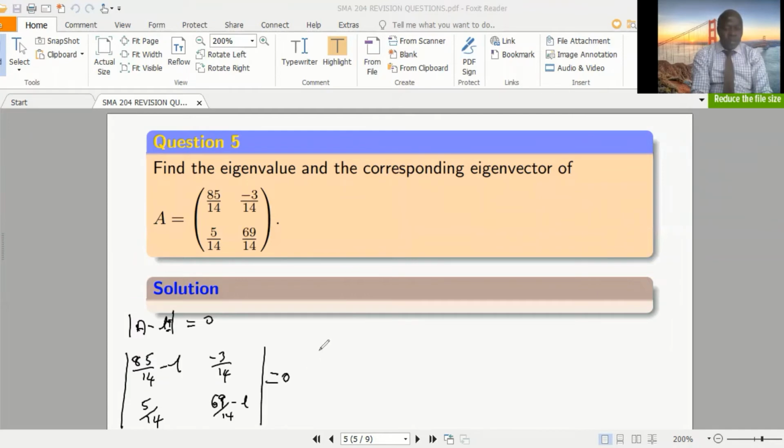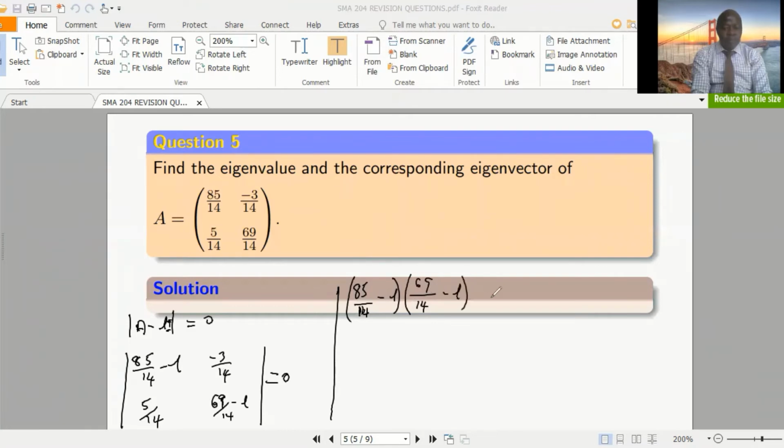And when you do this, what you get is a determinant. Just multiply this. Of course, you may want to factor out 1 out of 14, but let's just multiply. This would be 85 out of 14 minus lambda, multiplied by 69 out of 14 minus lambda.